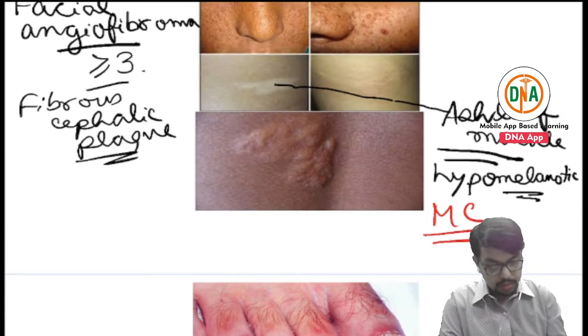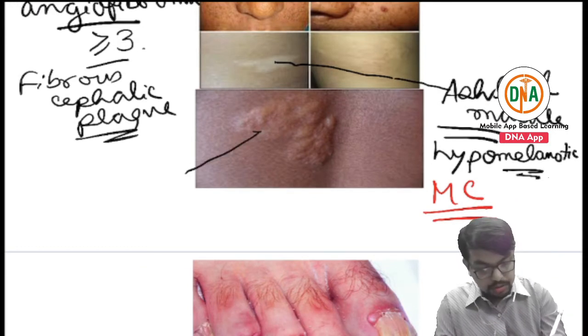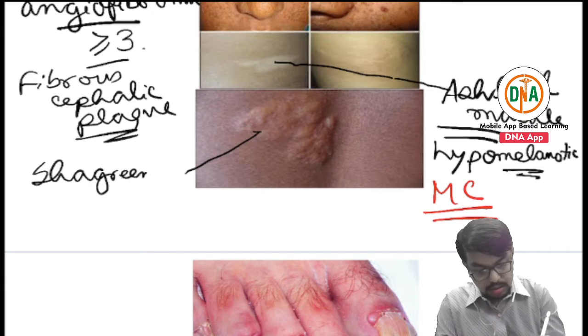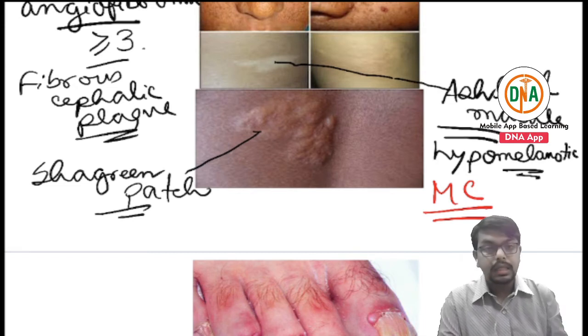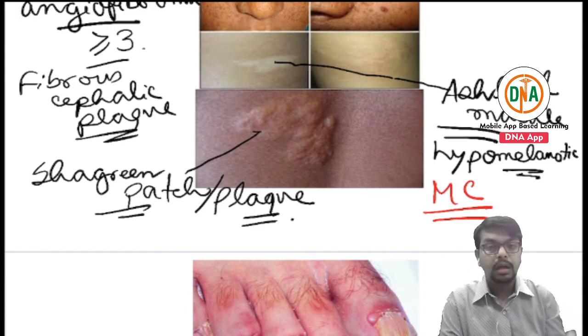Okay, now third one. Third is the shagreen patch. This is basically a plaque, not a patch. This is a plaque.